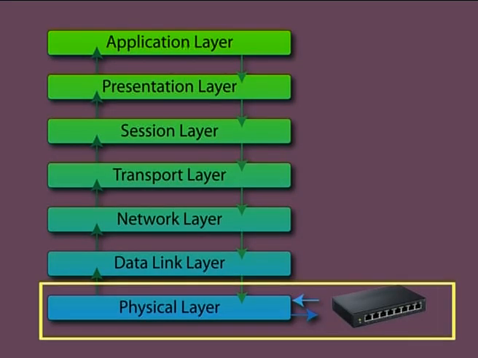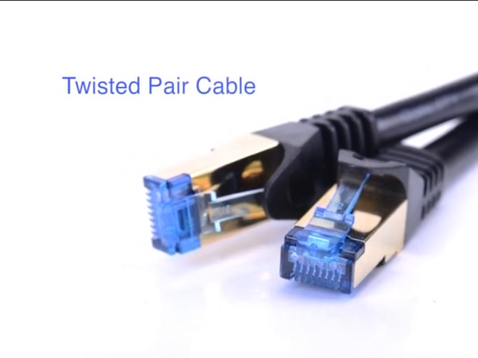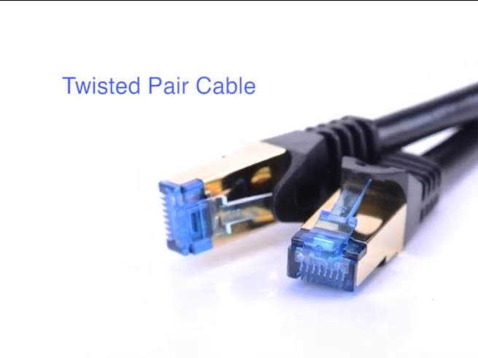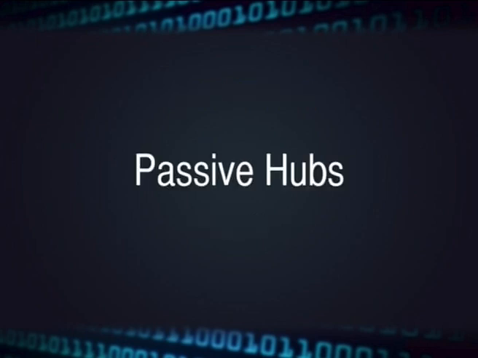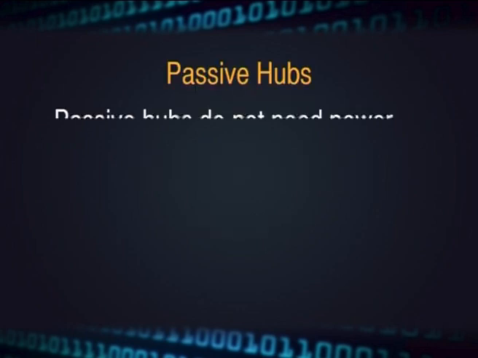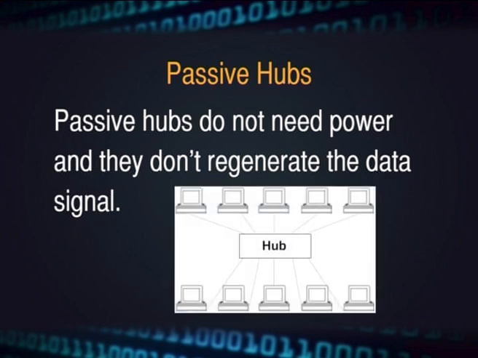Hub resides on layer 1 of the OSI model. Computers are connected to a hub through the twisted pair cabling. Generally, hubs are referred to as either passive or active. Passive hubs do not need power and they do not regenerate the data signal. They are simply points of contact for wires.